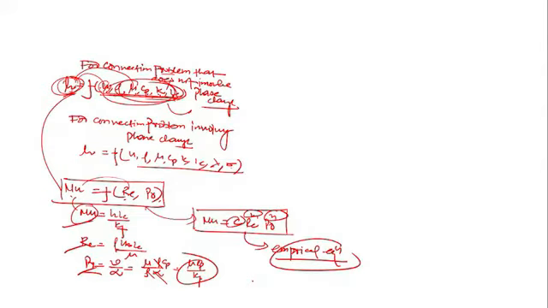Although convection is a very complex phenomenon, because it is strongly influenced by the flow velocity, flow properties, and type of fluid flow. When the flow is laminar, the value of heat transfer coefficient is different. When the flow is turbulent, the heat transfer coefficient is different. When the fluid is oil or water, meaning when the property of the fluid changes, the heat transfer coefficient also changes.